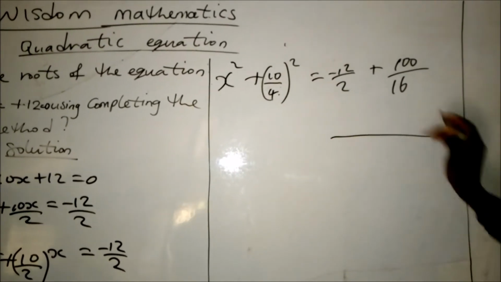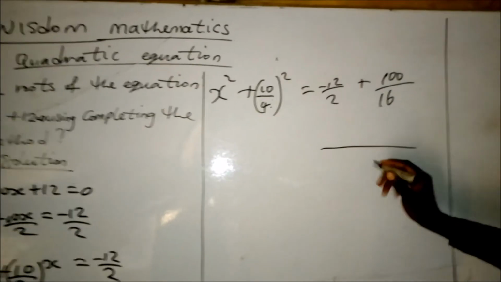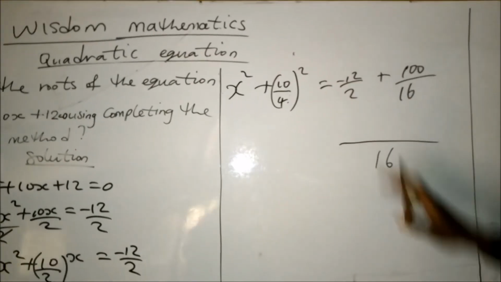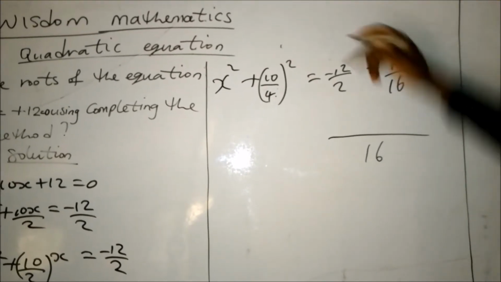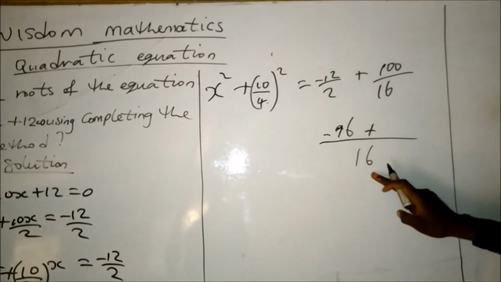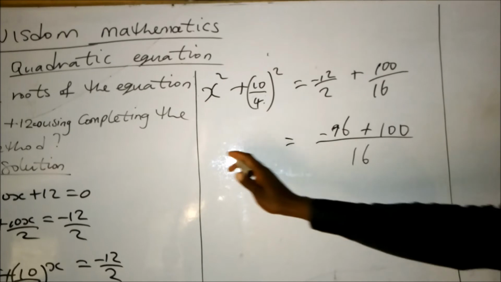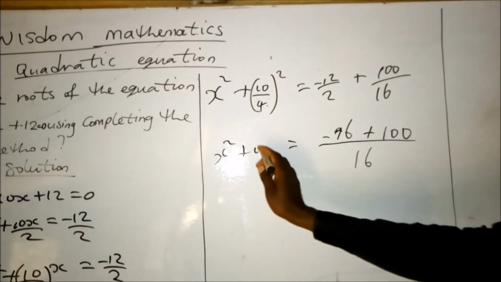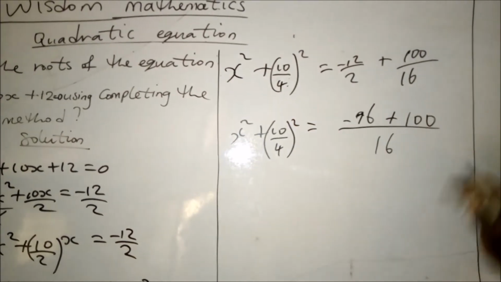Now we have to combine these two by looking for the LCM of 2 and 16, and the answer is 16. So 16 divided by 2 gives us 8. 8 multiplying minus 12 gives us minus 96, plus 16 divided by 16 is 1, multiplying 100 is 100. On this side, we have x squared plus 10 over 4 squared is equal to this.